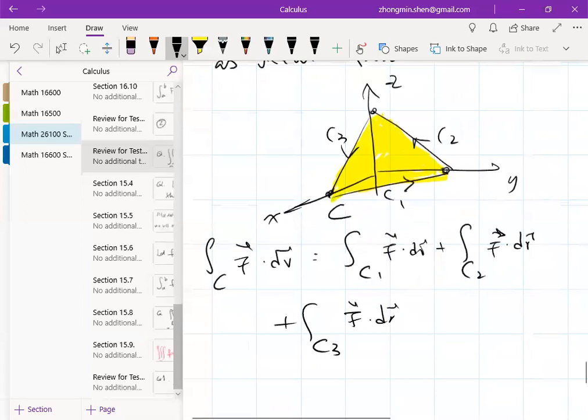Why? Because the function is symmetric. It's like xy, yz, zx, right? So along each line, it's not too bad. You can do that.